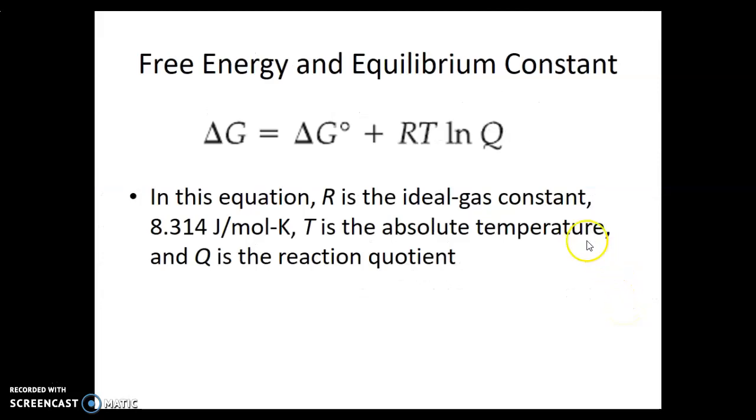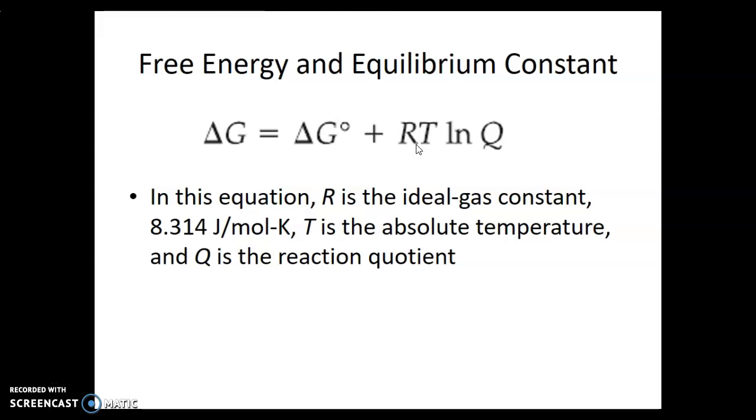So here's how this is related to equilibrium. The delta G for any situation is going to be equal to the delta G at standard conditions plus RT times the natural log of Q, Q being your reaction quotient, the products over the reactants at any point in time. RT, this is interesting, I think, that the gas law constant comes into play here.